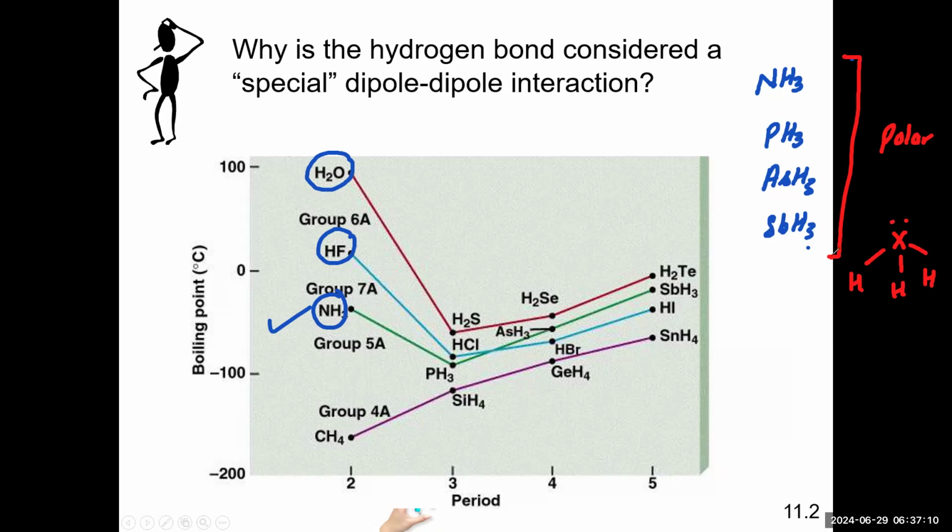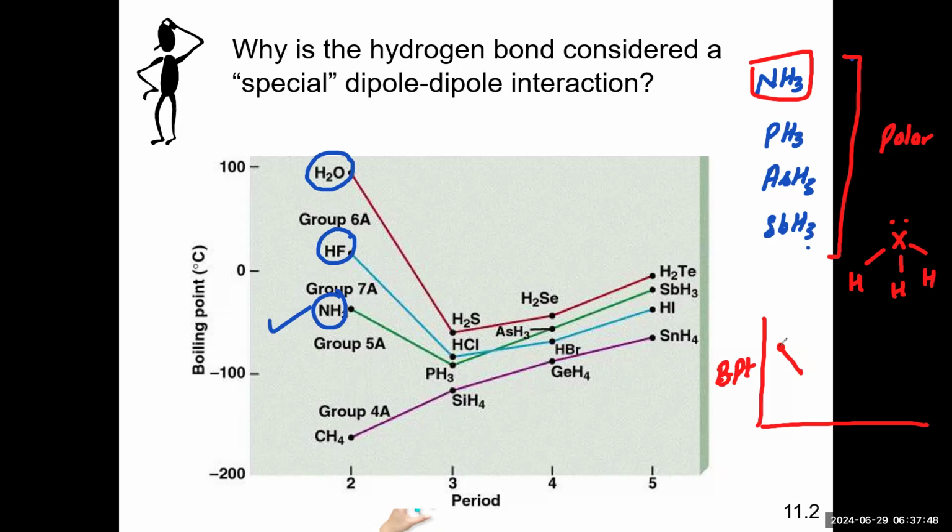So if you draw the Lewis dot structure, they all are going to have exactly the same Lewis dot structure because they have the same valence electrons, same type of bonding. Okay, so these are polar molecules. So they have what kind of attractive forces? Dipole-dipole. But one of them has very high attractive forces. Which one? Ammonia. If I ask you to draw the boiling point graph for this family, don't you think that ammonia has higher?